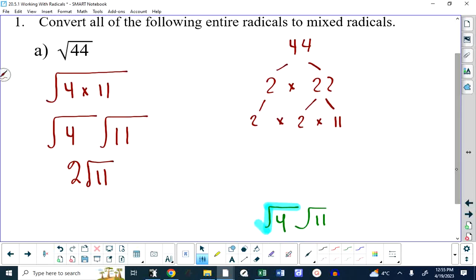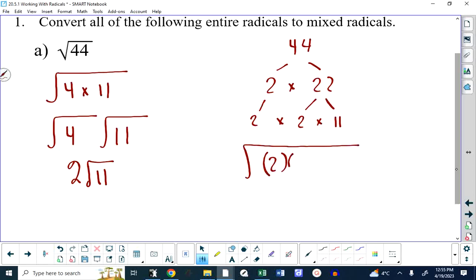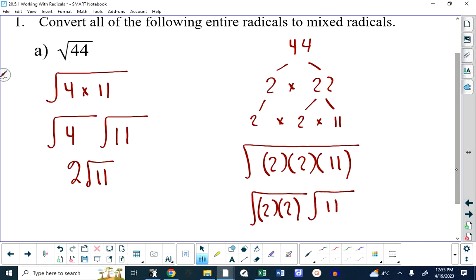And that means that root 44 is the square root of 2 times 2 times 11. And then you can see what the perfect square is. 2 times 2 is the perfect square. So we end up having the square root of 2 times 2 times the square root of 11. And the square root of 2 times 2 is 2. Okay?